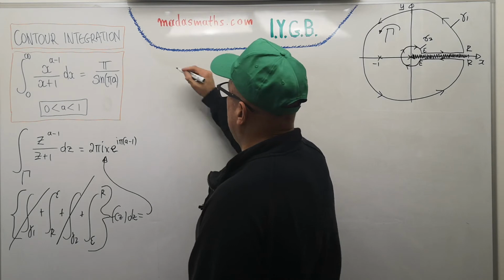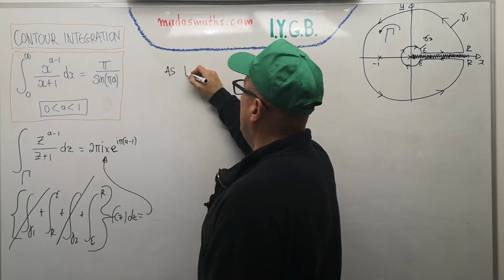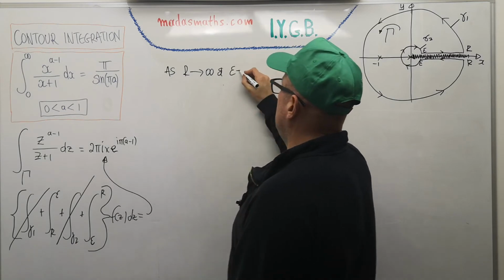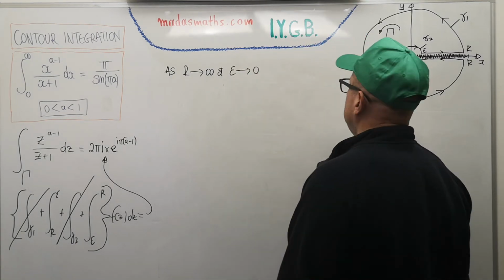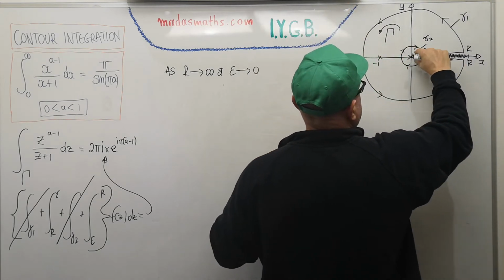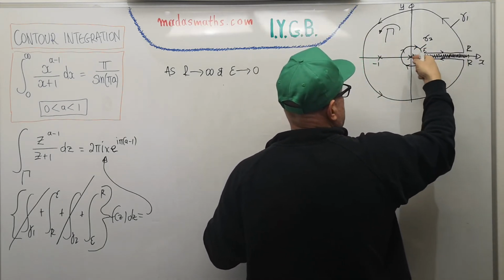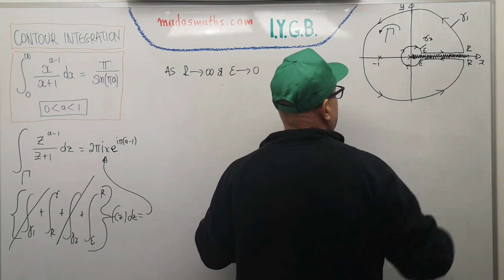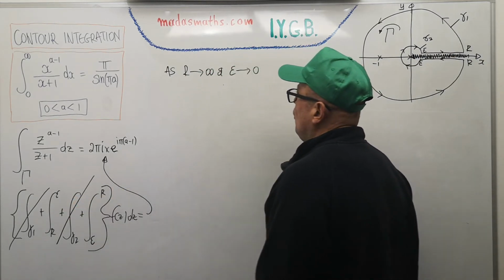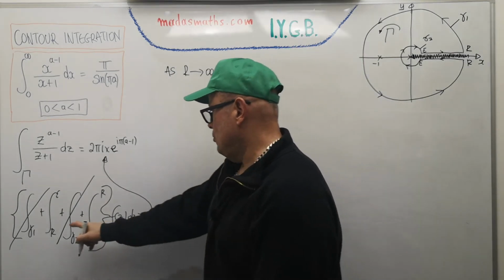So let's see what we've done so far, as R tends to infinity and epsilon tends to 0. This has gone massive, but the important thing is now these straight line segments go from 0 to infinity along the x-axis. Definitely these two things have gone. So what has happened to us?